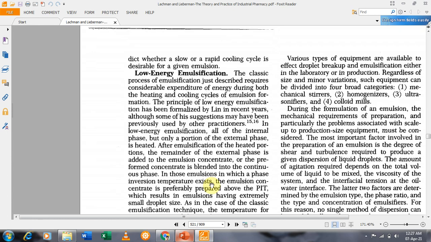Various types of equipment that we have discussed in detail earlier are available to effect droplet breakup and emulsification, either in the laboratory or on the production scale.